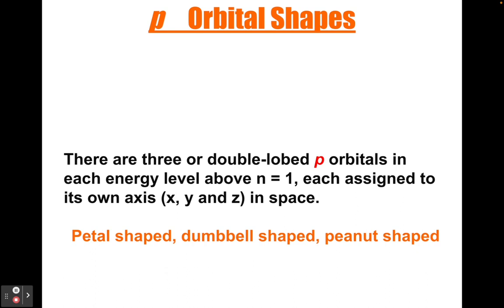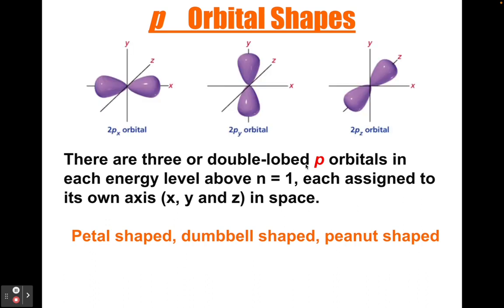So you have a p orbital along the x-axis, one along the y, and one along the z. If you look here, this is a p orbital. This p orbital is arranged along the x-axis, so we call that px, or p sub x.